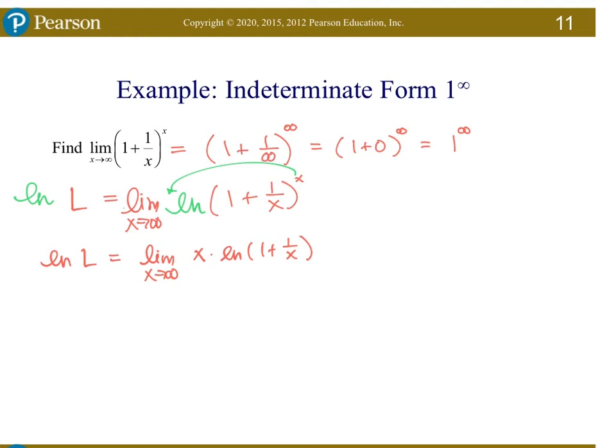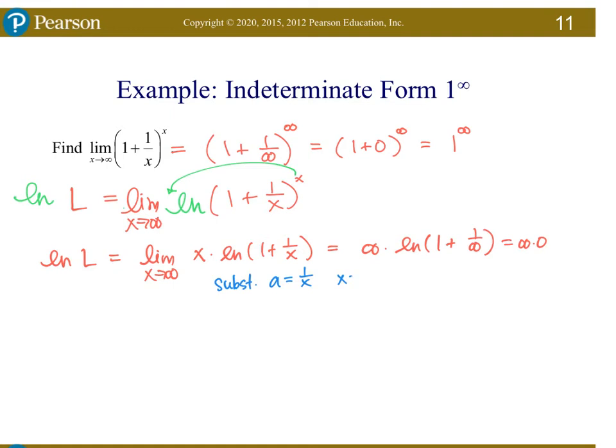And then I would recommend doing another one of those substitutions here, because now you would end up with infinity times 0, right? If I plug this in, I'll have infinity times the natural log of 1 plus 1 over infinity, which is infinity times 0. So now substitute and do the same thing we did in the previous problem, a equal to 1 over x.